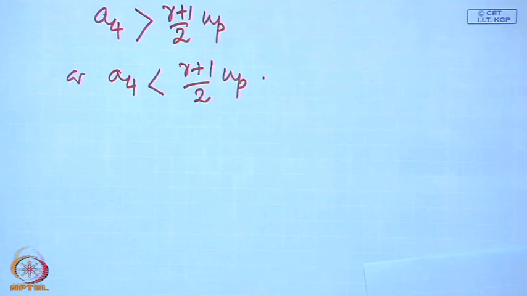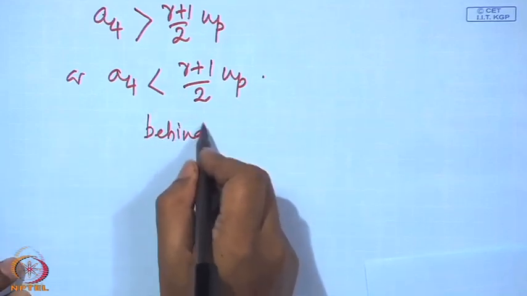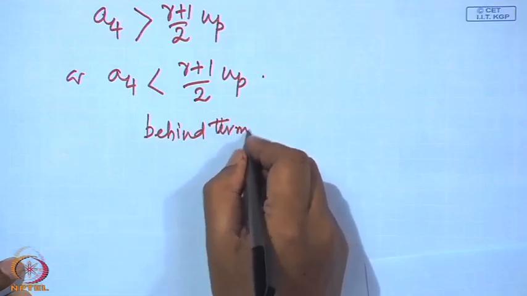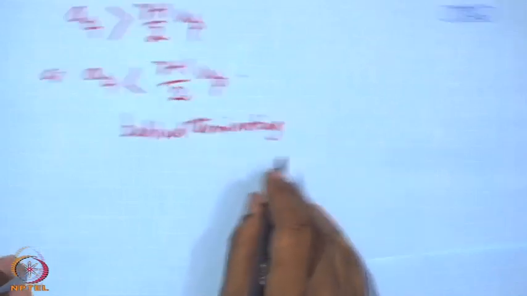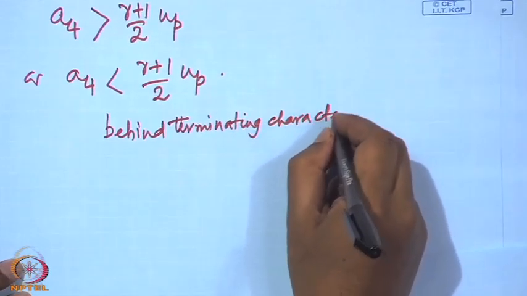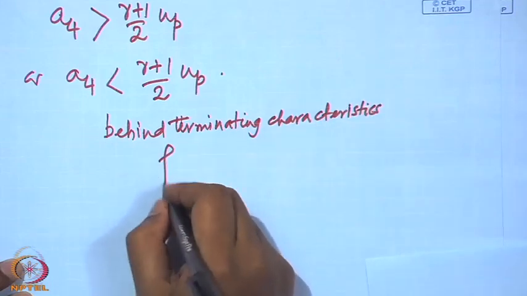Behind the terminating characteristic, the fluid properties have uniform values.